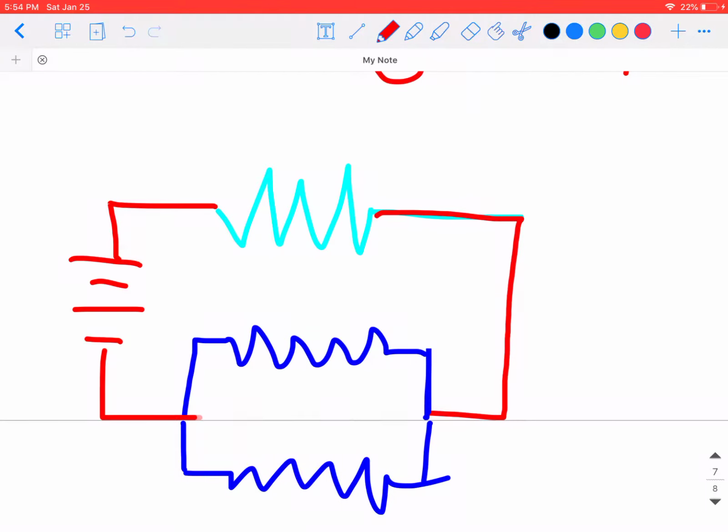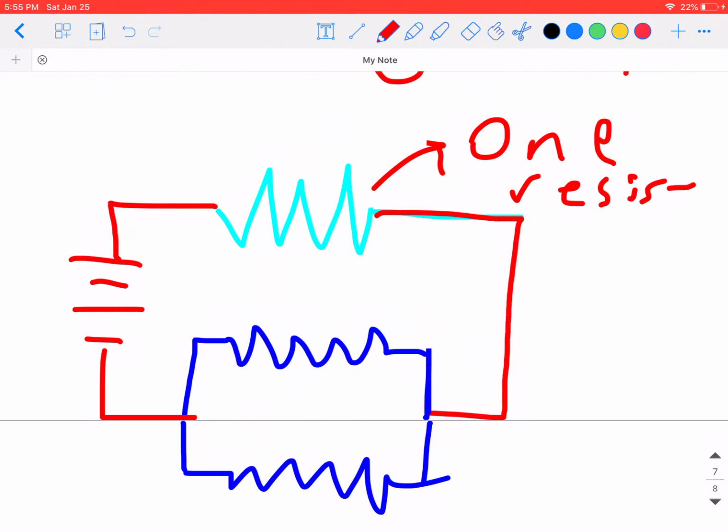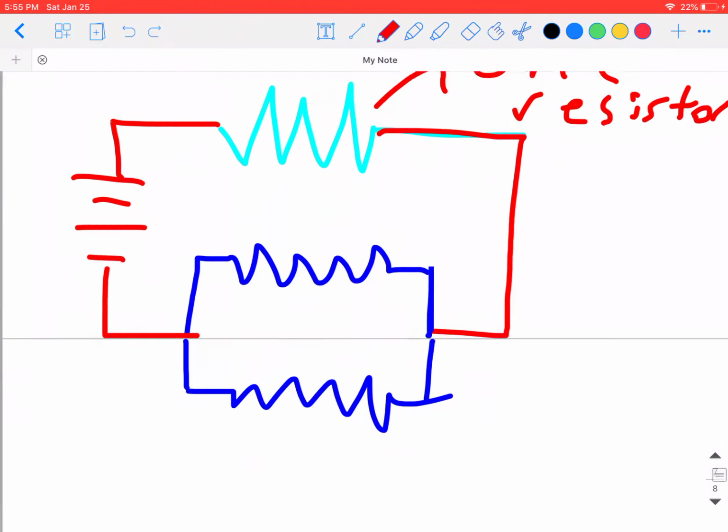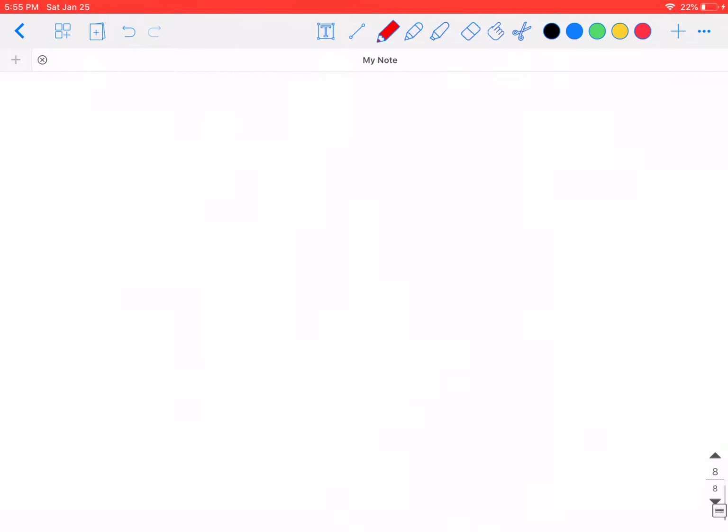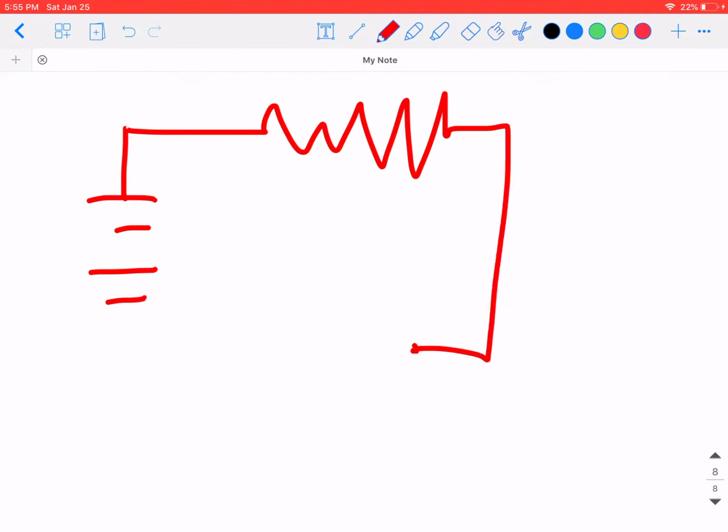Now, when you look at this circuit, we treat this as one resistor. And then we treat this next one as one resistor as well. So this could technically be simplified into just one circuit that looks like this.